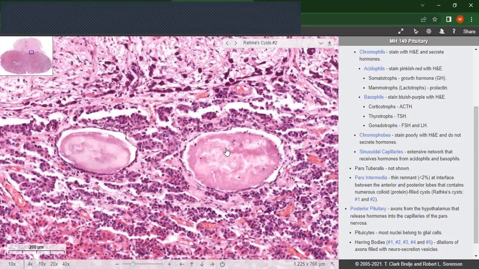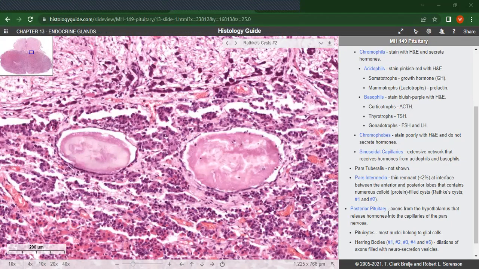Remember, pars intermedia produces only one hormone. And I think this question is very challenging, one we have ever been asked here at the university. Pars intermedia produces melanin stimulating hormone.